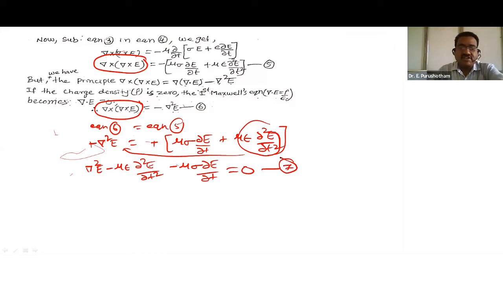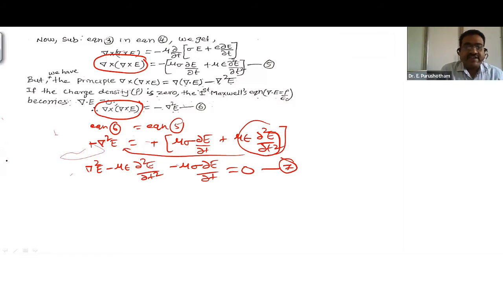So three-dimensional electromagnetic wave equation in conducting medium which is homogeneous and isotropic. This equation 7 is known as three-dimensional wave equation for the electric field E in conducting medium which is homogeneous and isotropic.